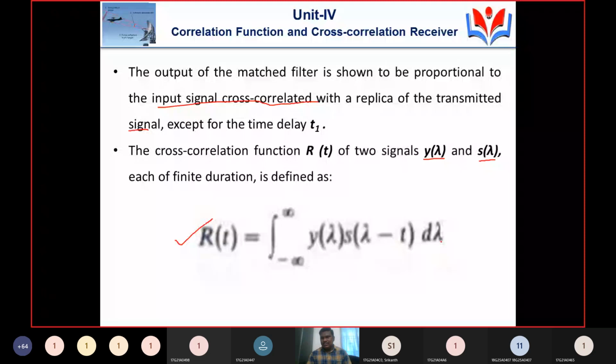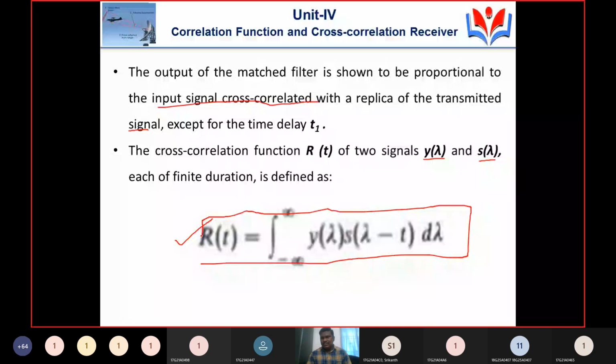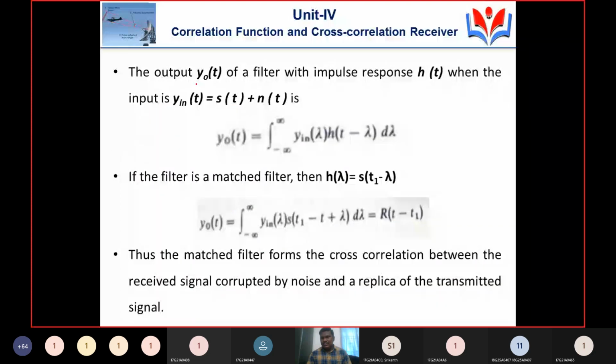Now y naught of t is the filter output, and y in is the input to the filter. The input to the filter has both signal as well as noise, so s of t plus noise n of t.